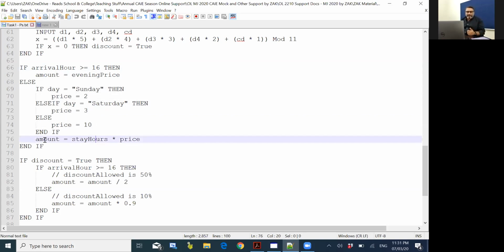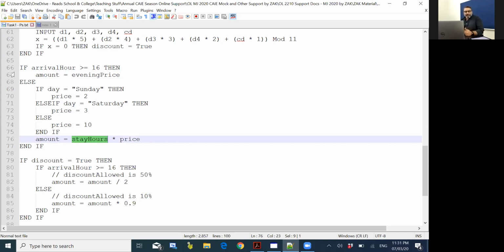And then how do we charge the amount? By multiplying the price that we have just calculated, 10, 3 or 2, by the number of stay hours. So if stay hours are 6 or 8, they are charged straightforwardly by the amount per hour.